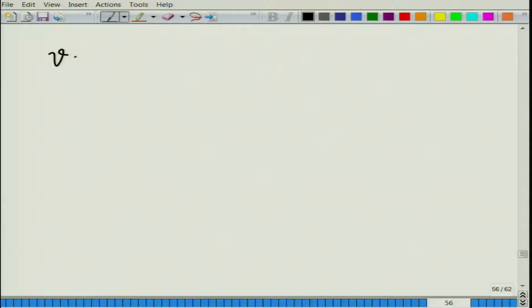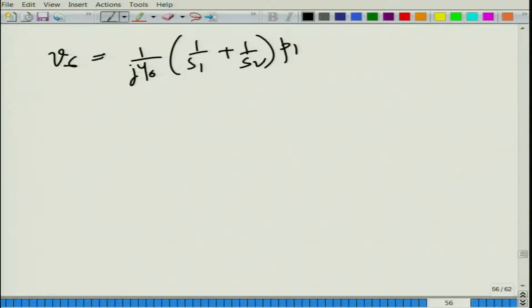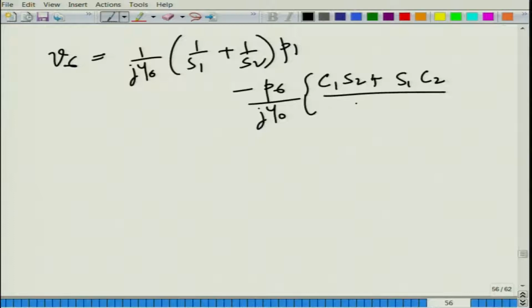So, V6 is equal to j y naught by 1 by S1 by 1 by S2 times P1 minus P6 j y naught, and your entire term will be C1 S2 plus S1 C2 and S1 S2.